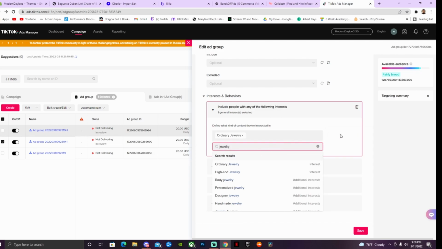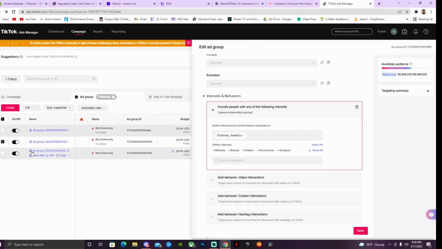So for instance, I would click ordinary jewelry. So I got this ad set right here that is broad, meaning targeting everybody, whoever TikTok decides to target it to. Then we have the second ad, which is the copy of the first ad. We have that targeting designer jewelry. That's the interest that I put in. And then we have the third ad, which is targeting the ordinary jewelry. So we have three different types of audiences that TikTok is able to target with the product you're looking to sell.